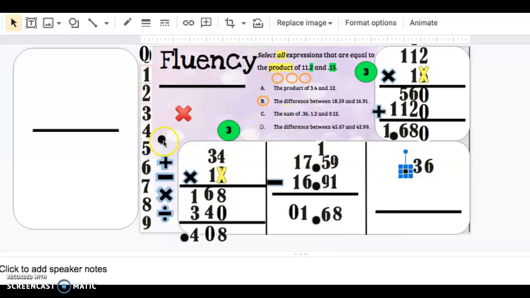So I'm going to put my decimal point. And I'm going to put 1 in front because that's where it belongs, because it's in the ones place. And then I'm going to put the 2 in the tenths place because that's where it belongs. And then I have 0.12, so I'll put my decimal point, 0.